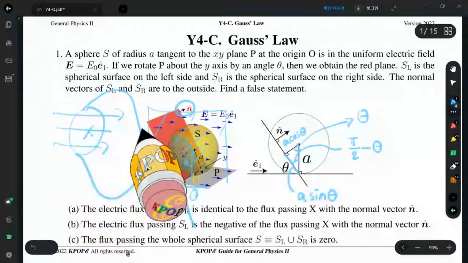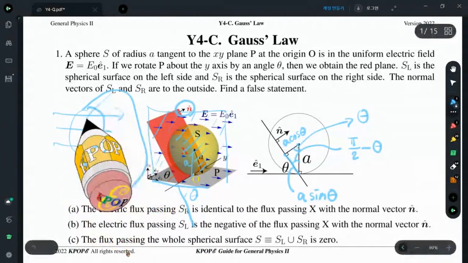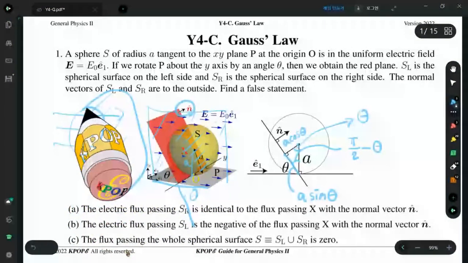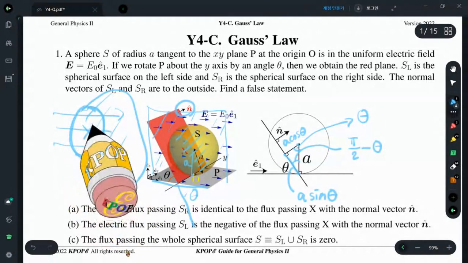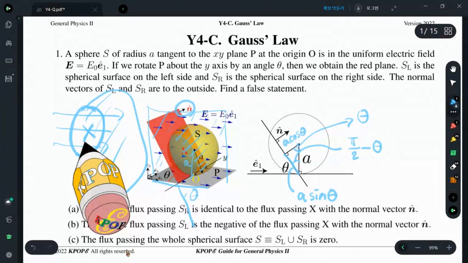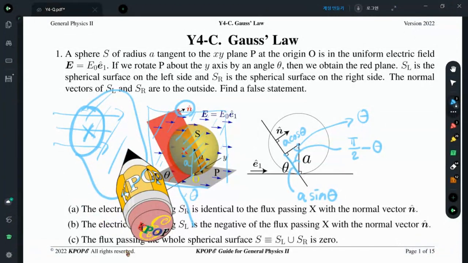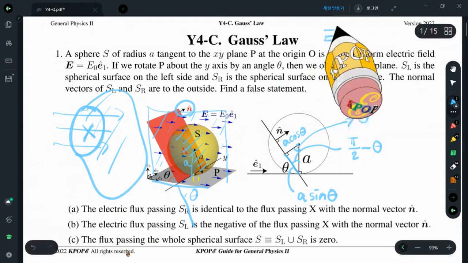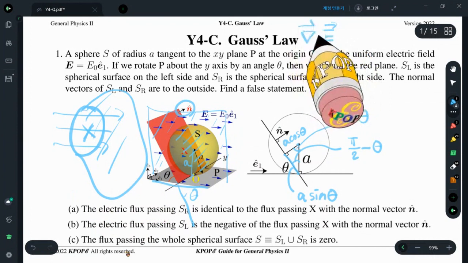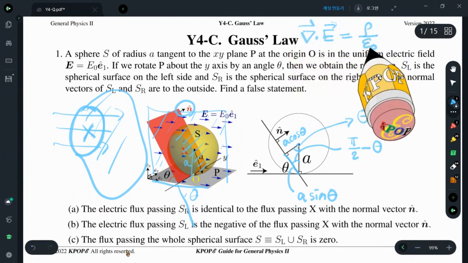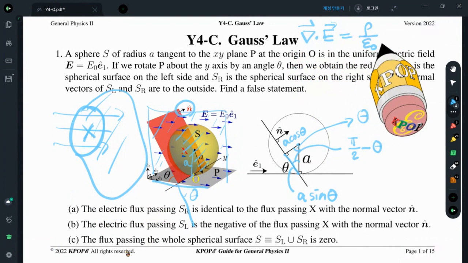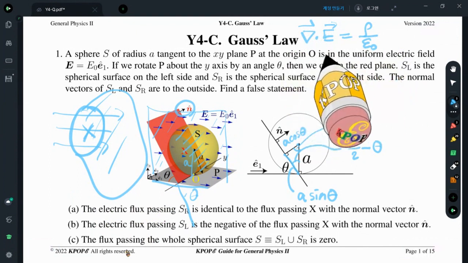Whatever shape of surface whose boundary shares with the cross-sectional area X, the electric field flux is the same. The reason is that divergence E is rho over epsilon 0, coming from the last problem we learned yesterday.